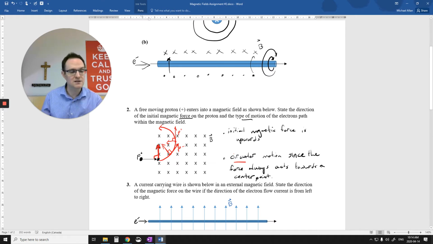That's what centripetal stands for. Now, the key to this is that it doesn't change speed. It changes velocity all the time because its direction is always changing, but its speed remains the same because its force is constant. It's a constant force inwards. That force is not changing, so its speed wouldn't change.